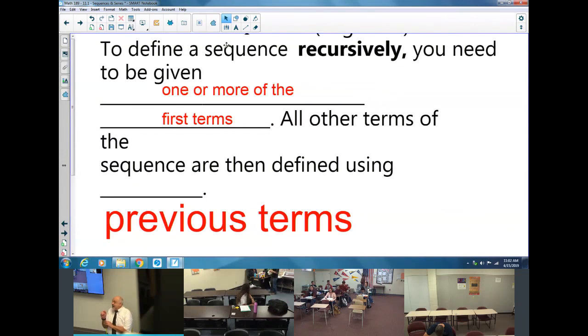All right, so I had asked you to come up with a sequence. I'm going to teach you a little bit about recursive sequences first, and then if you have a sequence that you can stump the class, we'll probably do that in about 10 minutes.